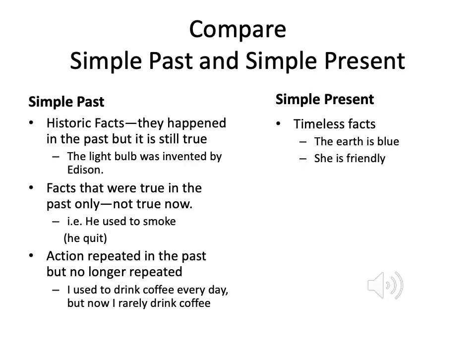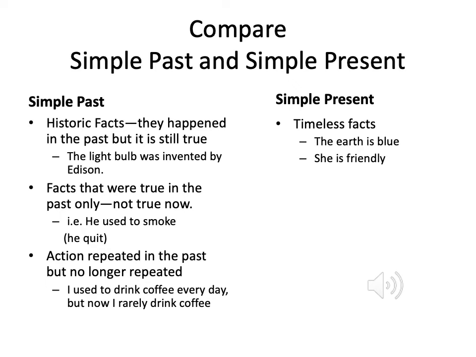Now here's a comparison with some examples of the simple past and simple present. Simple past is for historic facts. They happen in the past, but it is still true today. For example, the light bulb was invented by Edison.